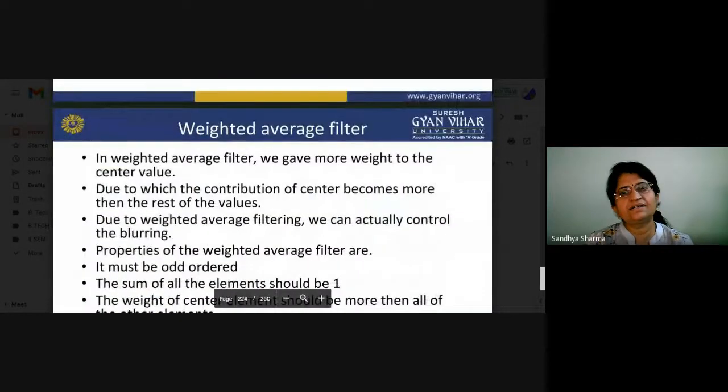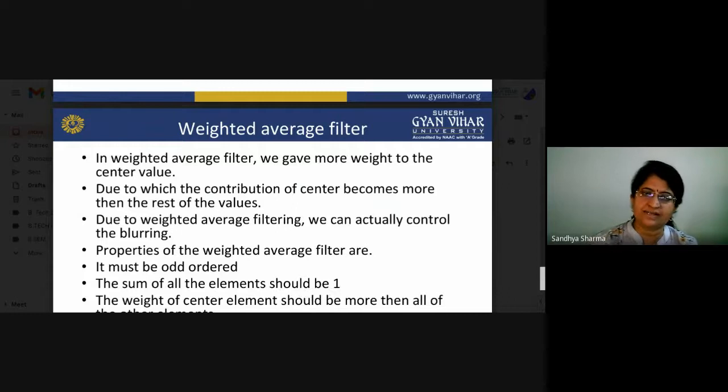Now another filter is the weighted average filter. In the weighted average filter, we give more weight to the center value, due to which the contribution of the center becomes more than the rest of the values. So with the weighted average filter, we can actually control the blurring.